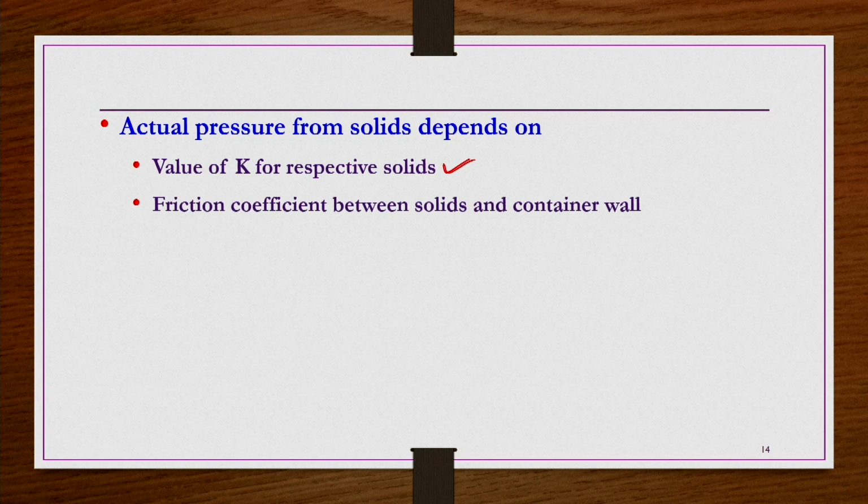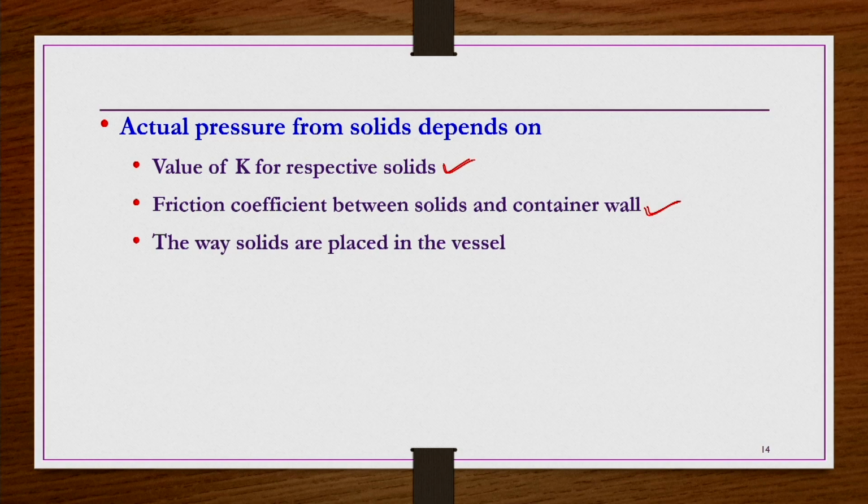Let us say when you take 100 kg of solids, the pressure supposed to be exerted is, let us say, 500 kilopascals, but because of this friction, that pressure is going to be less than 500 kilopascals in general. So the friction coefficient between solids and container is going to have a huge impact, probably reducing the actual pressure exerted by the solids in the container.